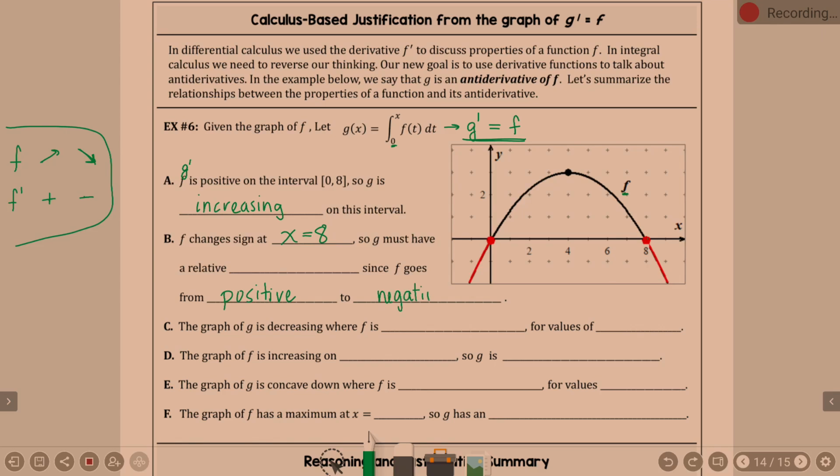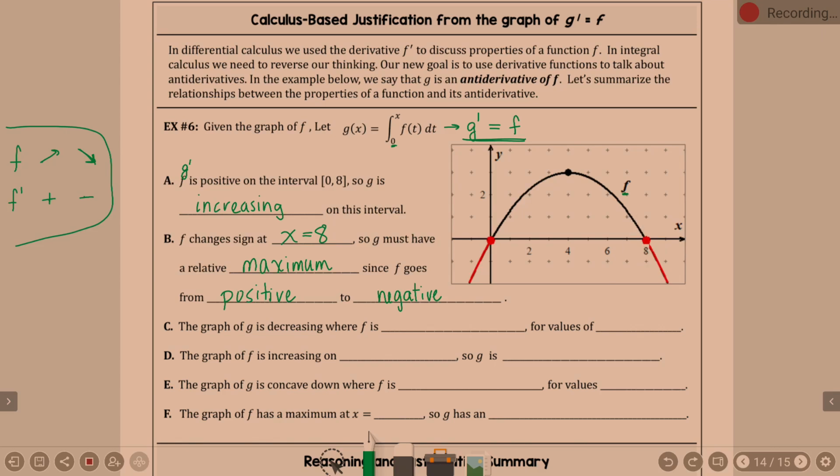So what's that mean? A max, right? Because positive means increasing, negative means decreasing. So there is a relative maximum there. And so right here, I'll see if I'm going to put those in later.